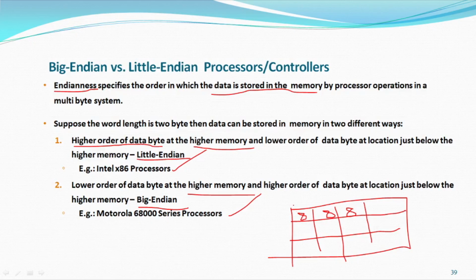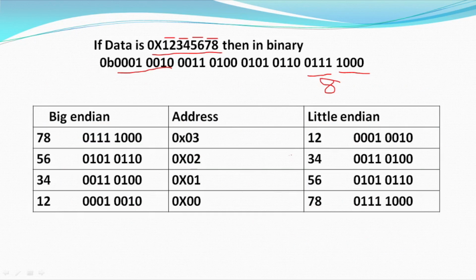Let's assume this location is 0, this location is 1, this is 2, this is 3, here it is 4, 5, and so on. Why is this required? If I have stored data in a particular location, to access what value is stored, you should know its address.